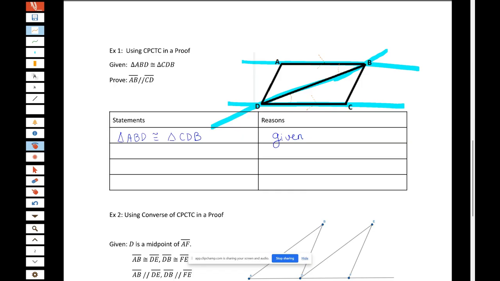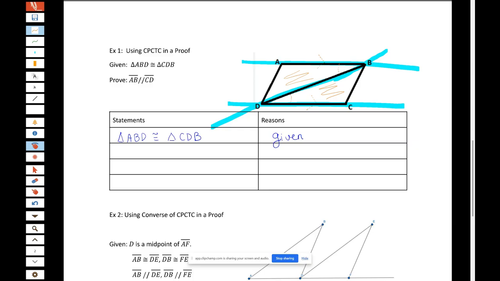Well, since triangle ABD, this triangle up here, is congruent to this triangle down here, I know corresponding angles are congruent. Like matching angles, not corresponding as in parallel lines and corresponding angles, but they match also.